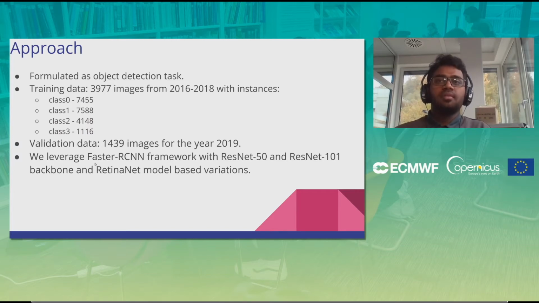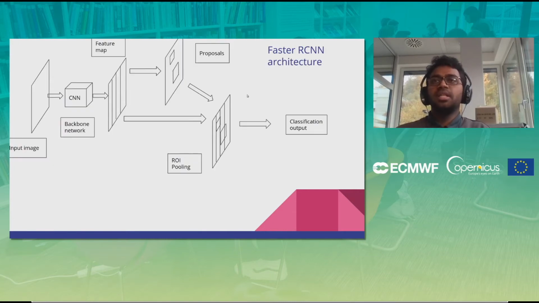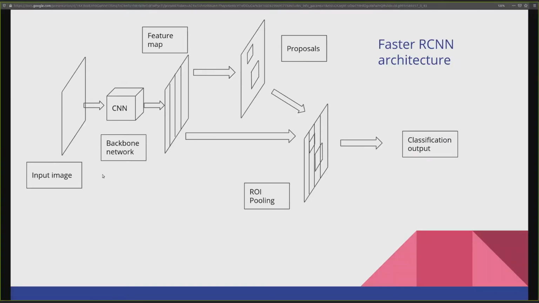Here we mainly leverage the Faster RCNN framework with ResNet 50 and ResNet 101 backbones, as well as the RetinaNet model with different variations. This is the architecture of Faster RCNN that we have used. The input image is passed to a convolutional neural network, which is one of the backbone networks I mentioned, like ResNet 50 or ResNet 101.